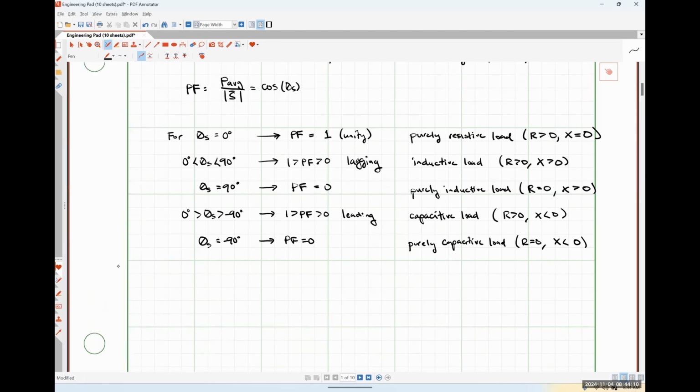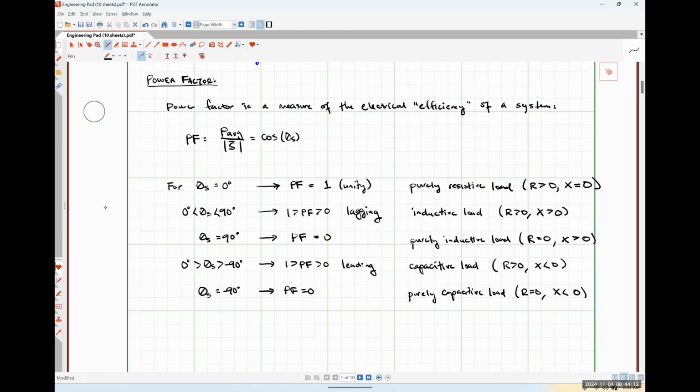Okay, so our power factor angle tells us a lot of different things, right? We can tell just by looking at what the angle is or what the value of the power factor is what type of load we have, whether it's purely resistive, purely inductive, purely capacitive, inductive, capacitive, all of that kind of stuff.